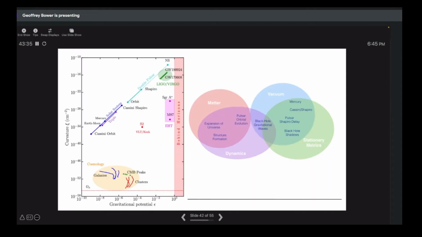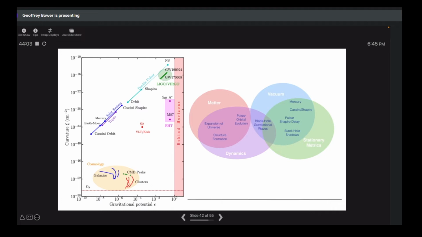Now let me go on to the general relativity, gravity physics, and black hole physics. So this is a phase space plot on the left of different kinds of general relativistic tests. And so we have the gravitational potential, v over c, roughly, and then we have the space-time curvature.